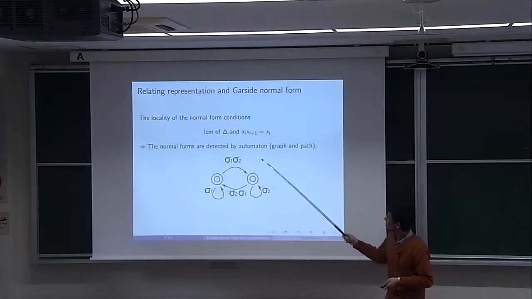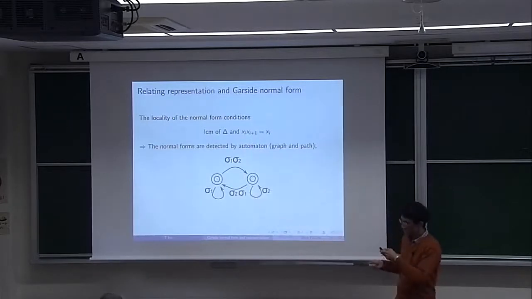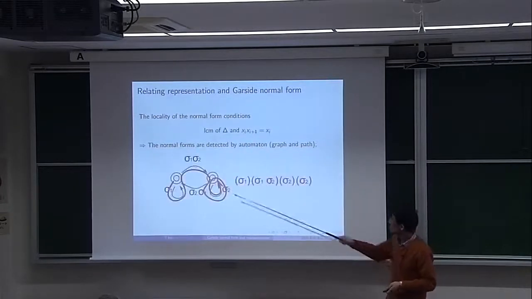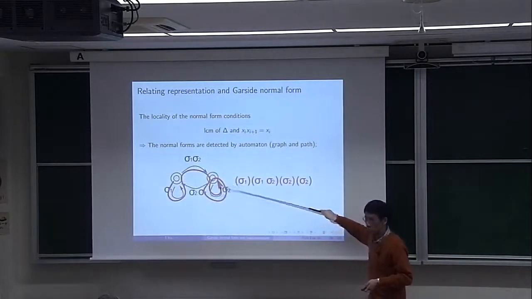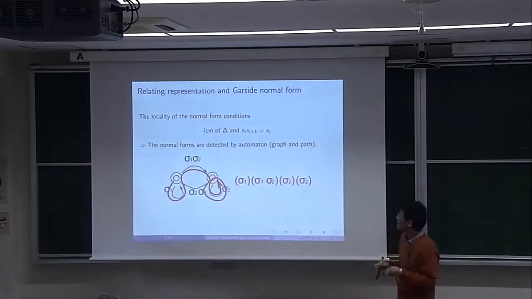There are various ways to write a graph; this is another description of this graph, again sigma 1, sigma 1 sigma 2, sigma 2. So we can encode the normal form into a graph and its path.